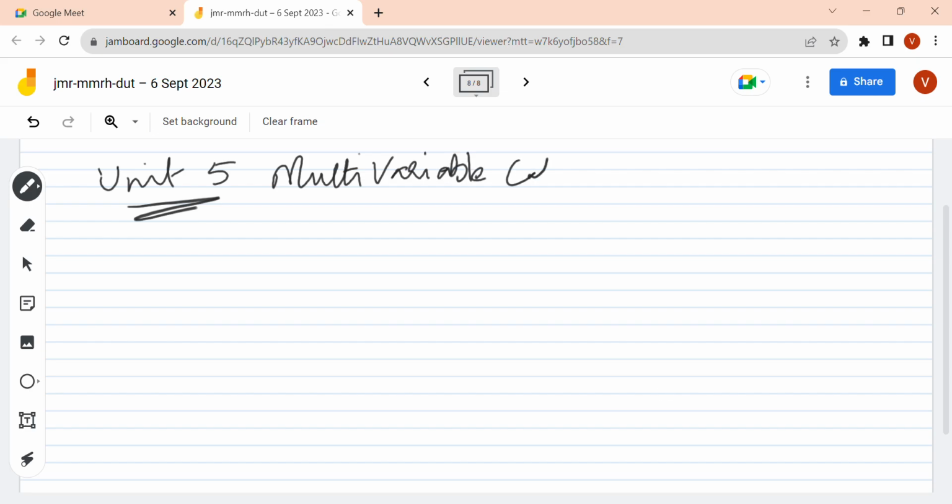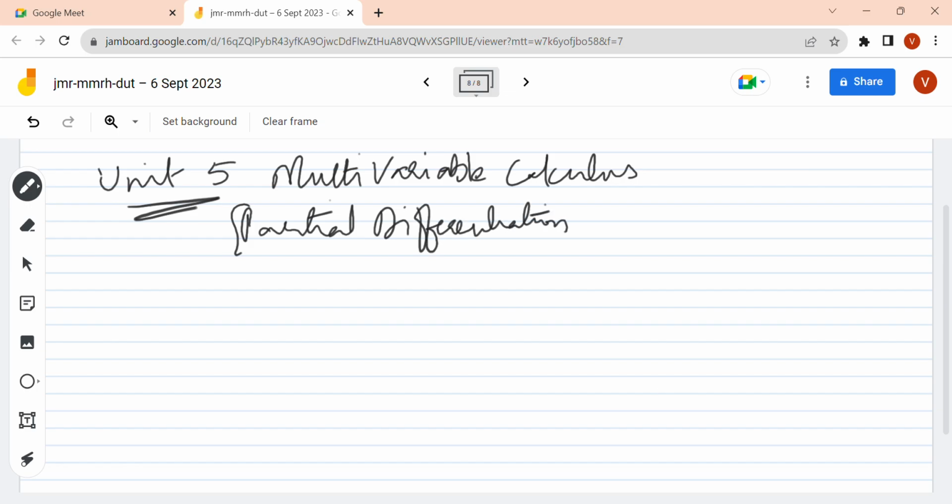Multivariable, it's also a subpart of calculus only, but it's multivariable calculus, that is partial differentiation. Okay, and applications.